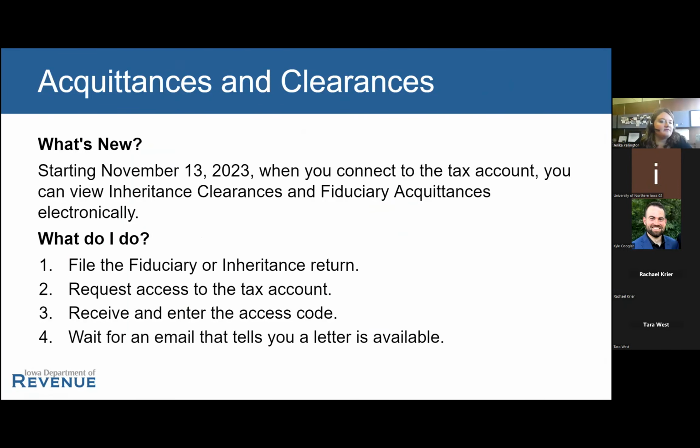So if you're waiting for these documents to come through, say that you file that fiduciary return, you're waiting for that document to come, you could request access to that account, get that access code, and you could view it as soon as the next day. So there are a couple of reasons why I'm excited about this. I won't go super in depth, but I'm excited about the speed behind it. Like I said, that means that you can receive the documents very quickly after they're available.